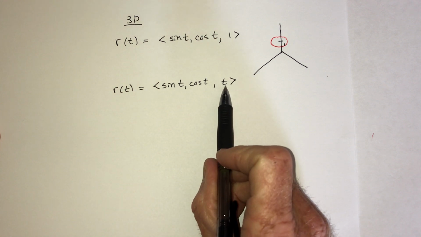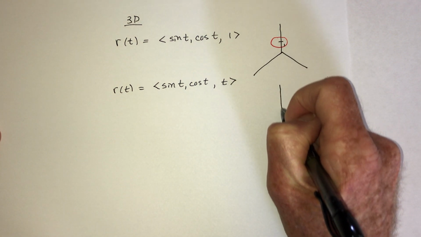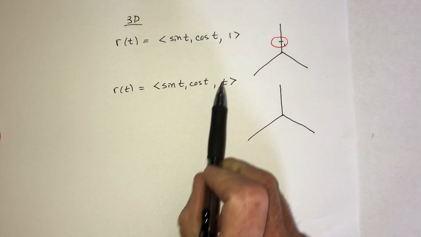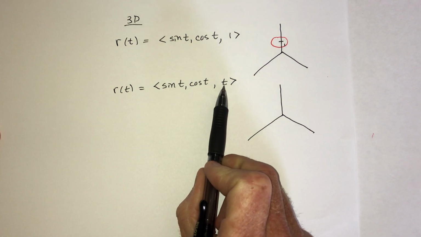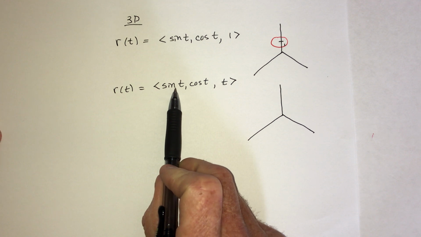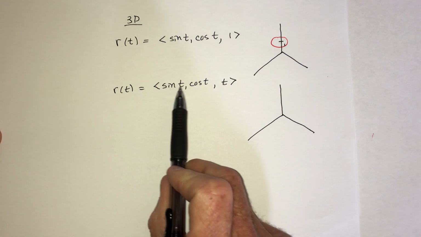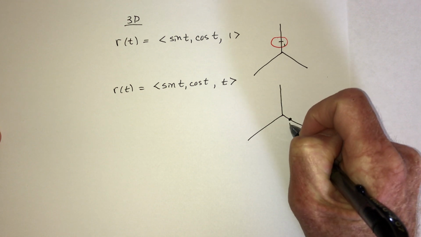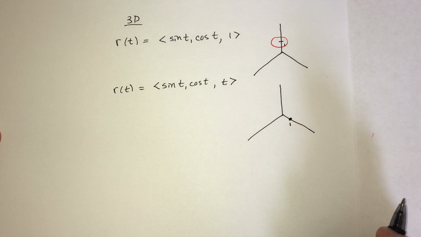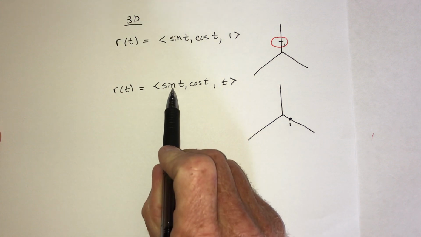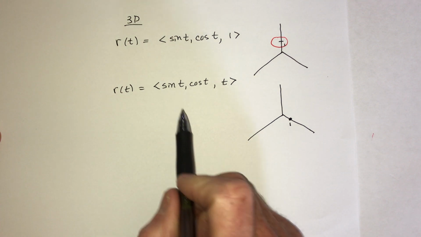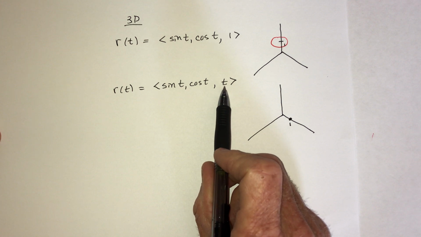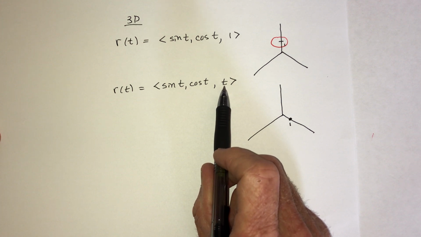Well, at the beginning, when t is equal to 0, so the height would be 0, sine of 0 is 0, so the x component would be 0, cosine is 1. So that means it starts right here on the y-axis, where y is equal to 1. Now, because of this, it's still going to be going in a circle. But then this is going to make the z value get bigger and bigger.